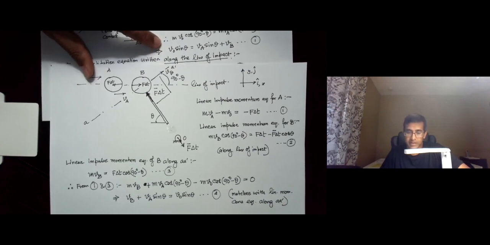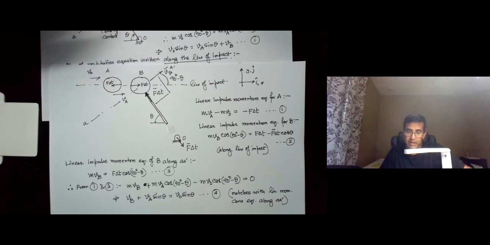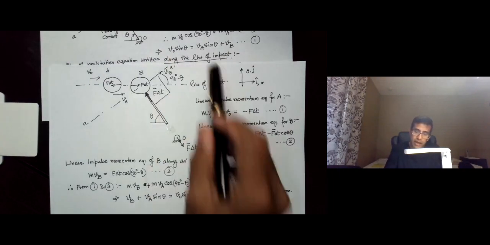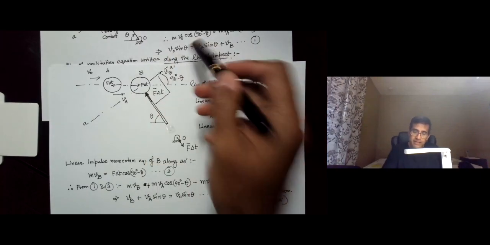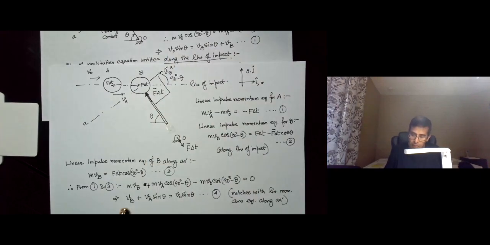You see, in the previous page we had derived the conservation of linear momentum along AA prime, which was VB plus VA sine theta equals V naught sine theta, and we get that same expression, VB plus VA sine theta equals V naught sine theta.